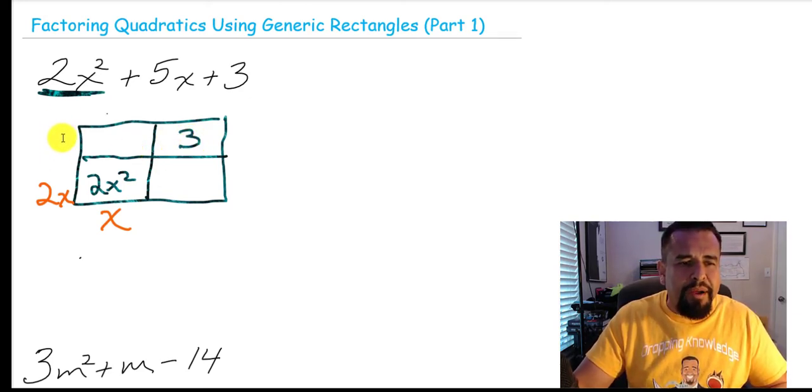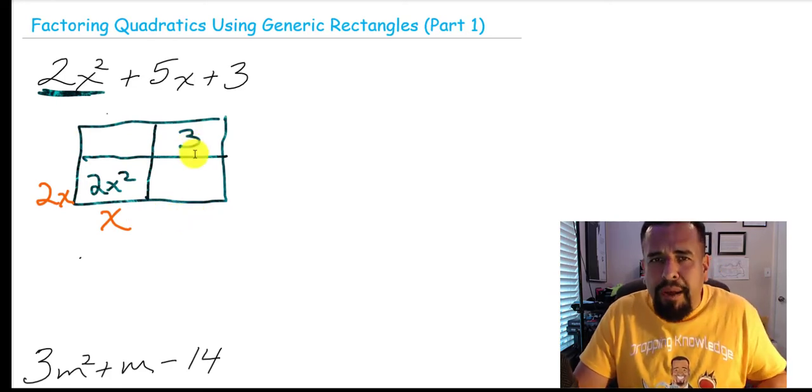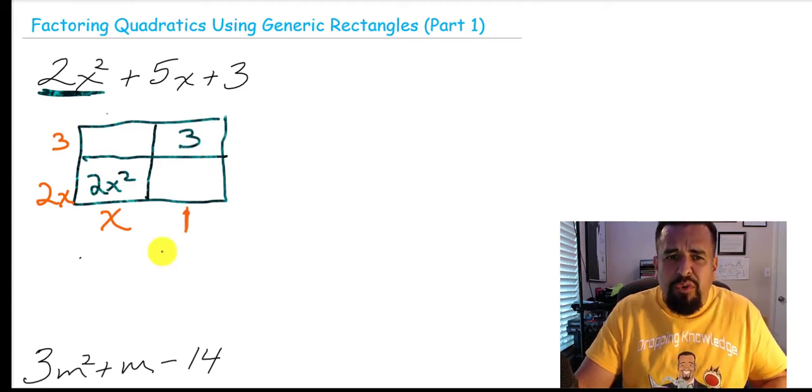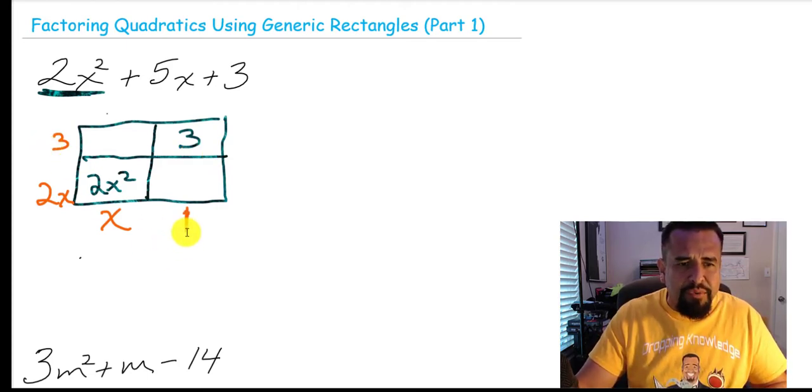I'm going to put a number up here because this length is the same as this, right? So this number times the number that I put down here should equal 3. Well, 3 is a prime number, so it's pretty easy to understand that 3 times 1 equals 3. And that is true. 3 times 1 equals 3.